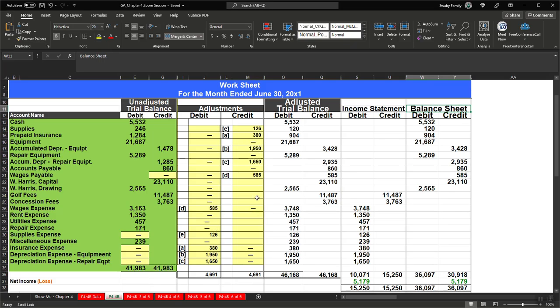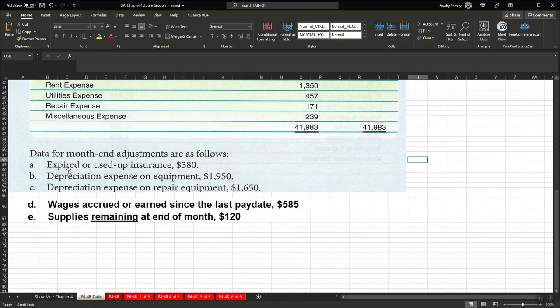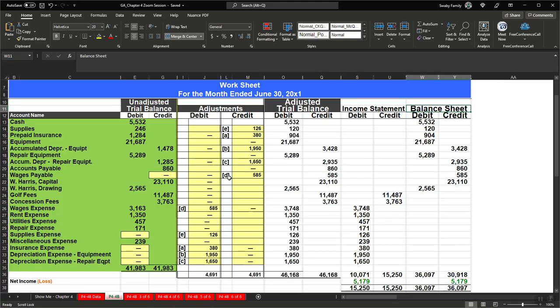So for the first adjusting entry, which would be A, it says expired or used up insurance, $380. And so for item A, we decreased prepaid insurance by crediting $380.